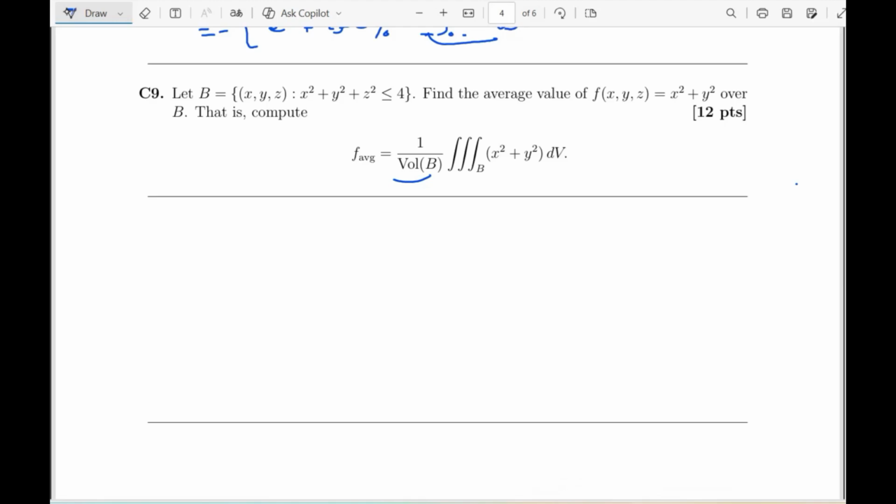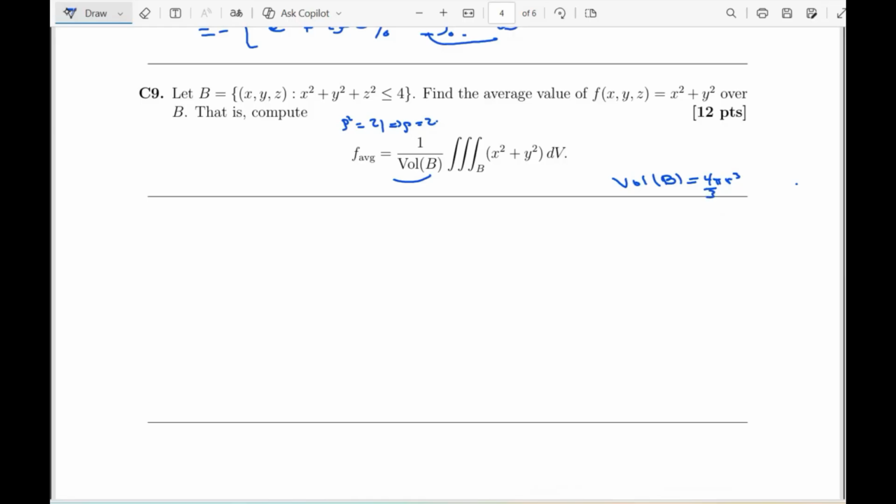This is a sphere, of course. The boundary is a sphere, so it makes sense to use spherical coordinates. However, the important part of this question is that I want to illustrate something you might have seen before: the volume of a ball has a closed form formula, which is 4 pi r cubed over 3.